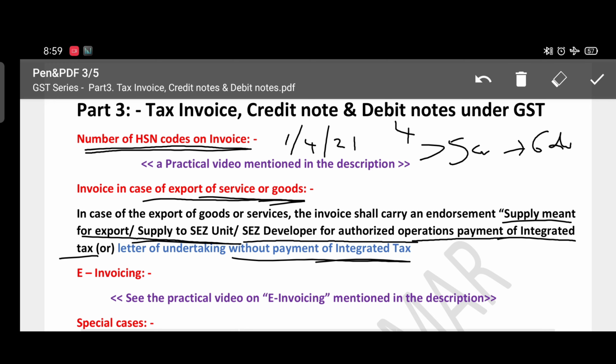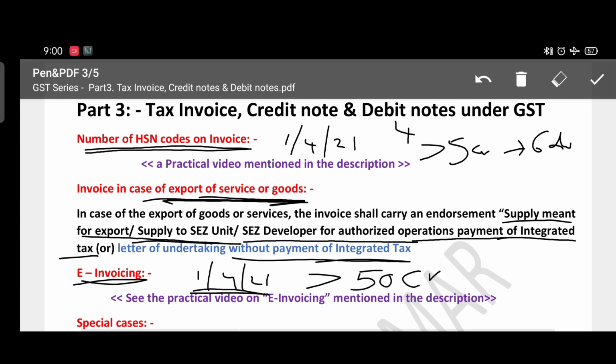When you are providing export of services or goods, these are the additional documents you need to maintain. Anyway, exports and imports are a separate chapter. I will mention it in detail in this series in the next chapter. E-invoicing, I am mentioning the same in the description as we discussed. From 1st April 2021, e-invoicing is mandatory for taxpayers whose aggregate turnover in the previous year exceeds 50 crores.